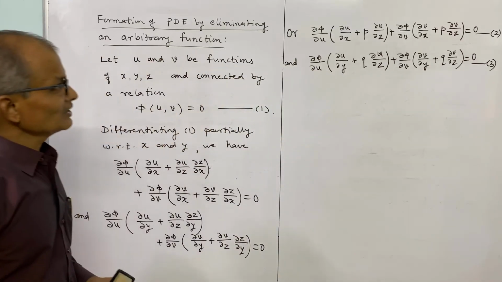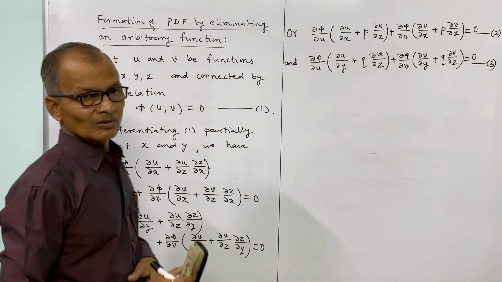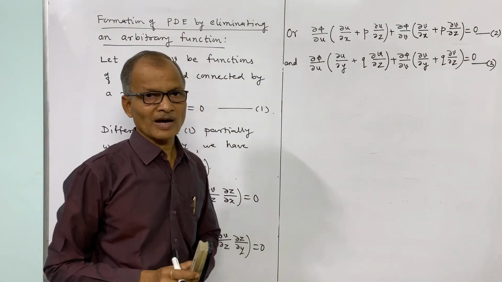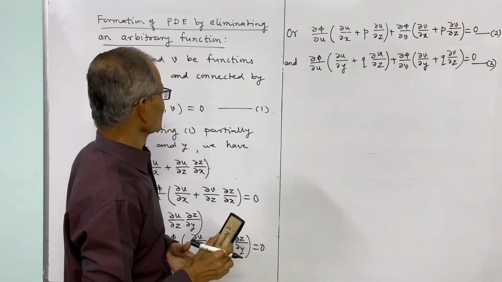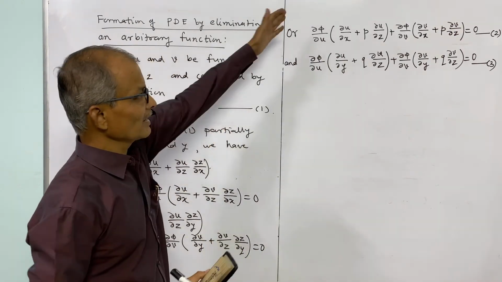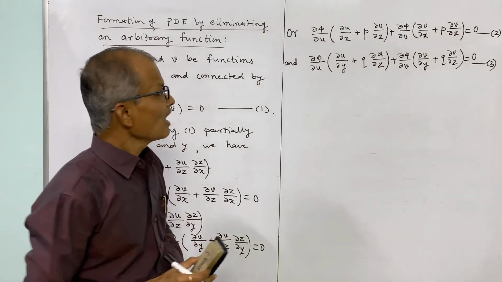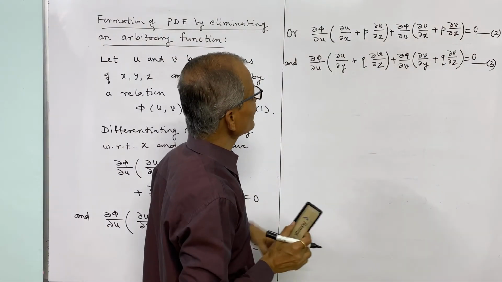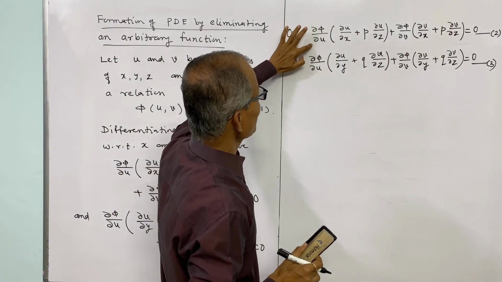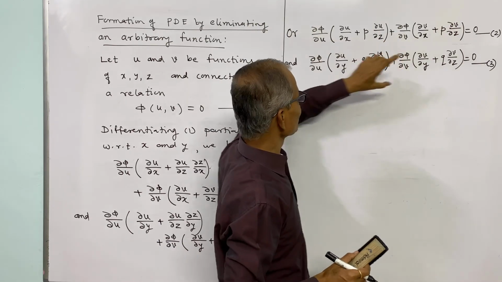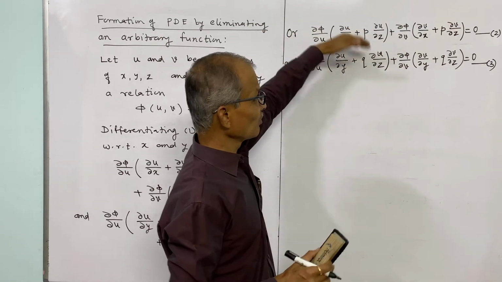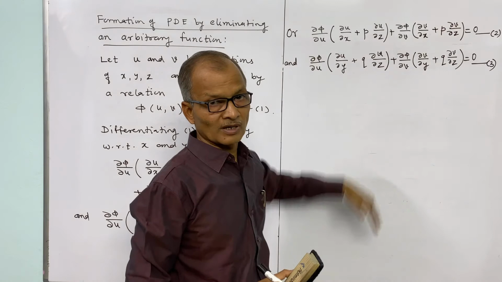So now we are going to eliminate φ from these relations 1, 2, 3. We have used differentiation to get the second and third. Here, from 2 and 3, we shall eliminate ∂φ/∂u and ∂φ/∂v, because these are present in both equations, and we use the determinant method.